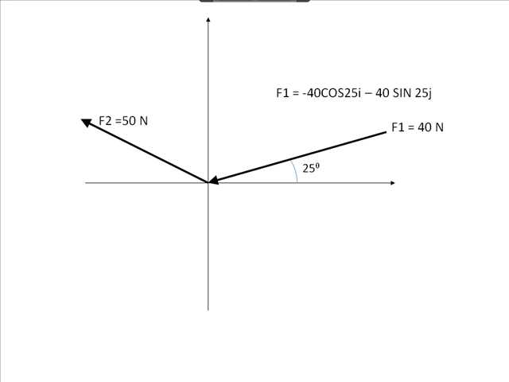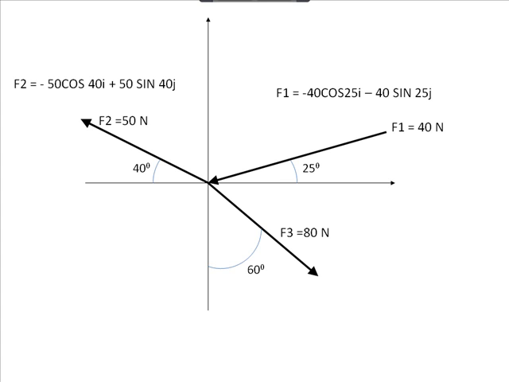Now, if your force is in the second quadrant of magnitude 50 and inclined at 40 degree, then the components will look like minus cos 40 i plus sin 40 j, and the magnitude you are multiplying. So the vector will read as minus 50 cos 40 i plus 50 sin 40 j. Let's say your force is in fourth quadrant of magnitude 80 and angle 60 degree with y-axis.